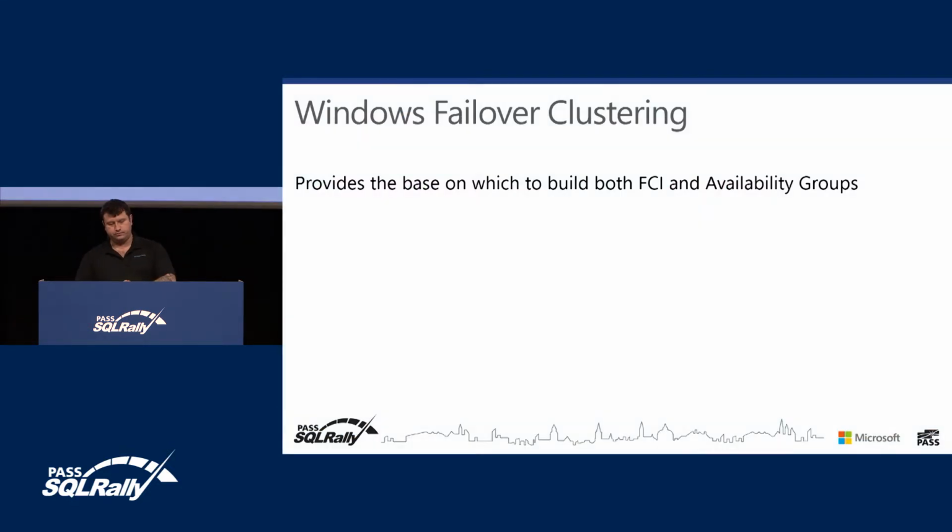So, Windows failover clustering. This is what we build both solutions on top of. Okay? FCIs and availability groups both rely on Windows failover clustering. Now, another question for the crowd. Can I have a show of hands of who's still predominantly using Windows Server 2008 or 2008 R2 for their clustering environments?